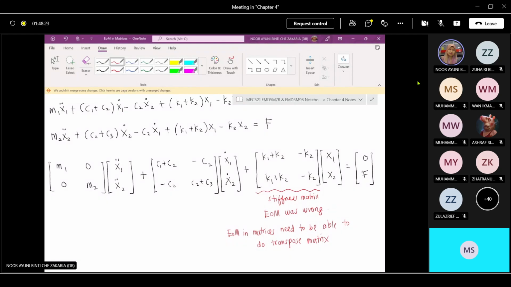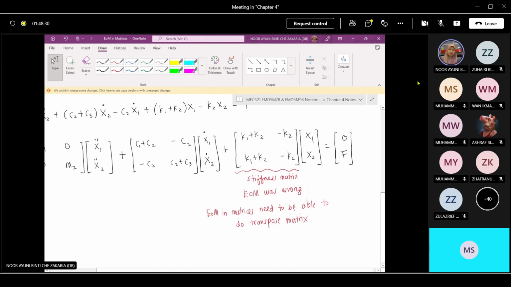Example of transpose. So the stiffness matrix we usually write as K.